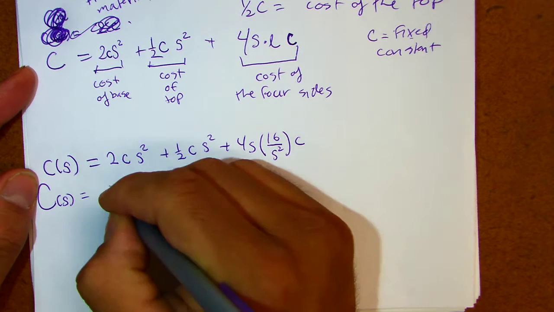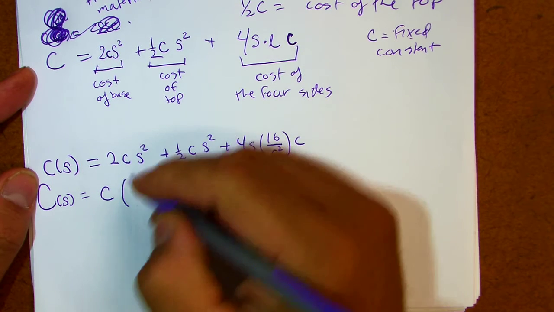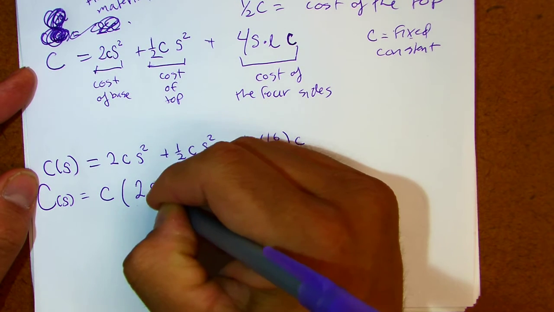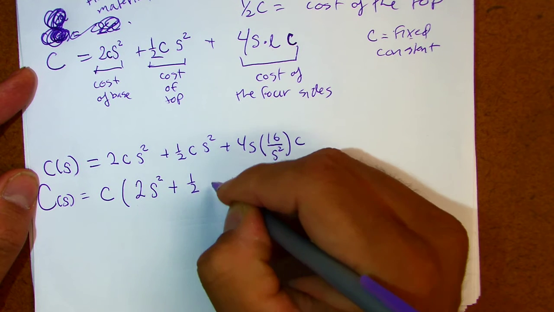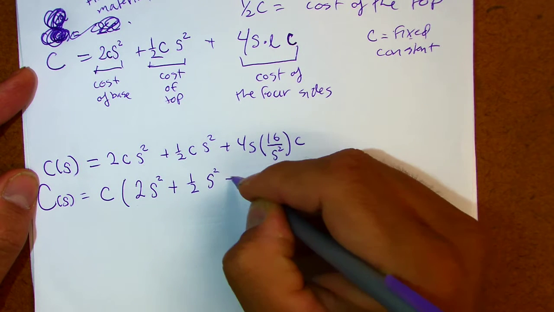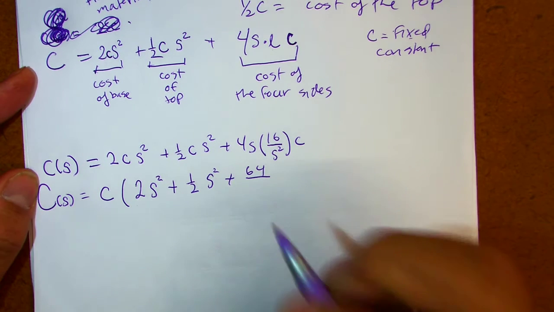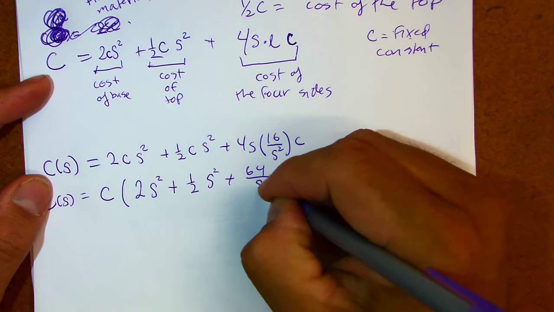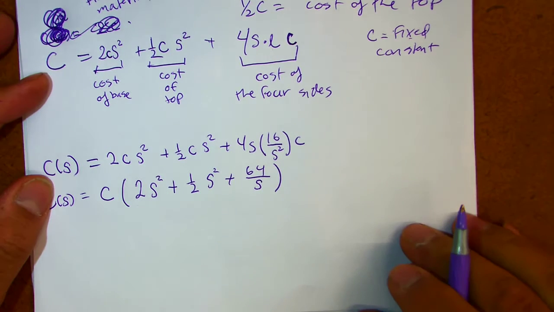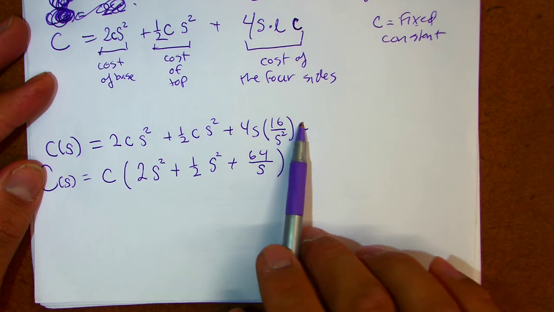I'm going to factor out a C, and we'll have that. So all I did was factor out a C and then multiply it here.